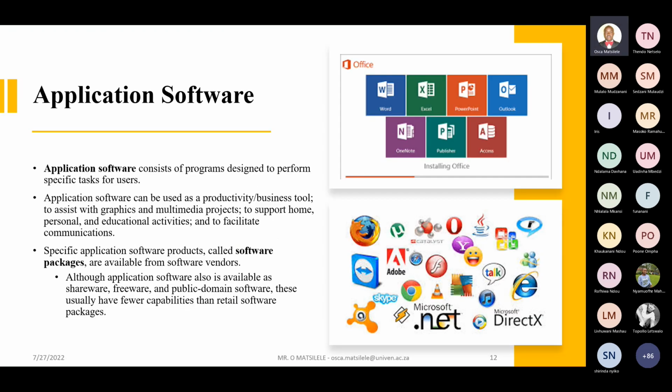So under application software, as I've said, it's just a recap. Application software consists of programs designed to perform specific tasks for the user. Now this semester, we are only going to focus on the office part: Microsoft Word, Excel, PowerPoint.